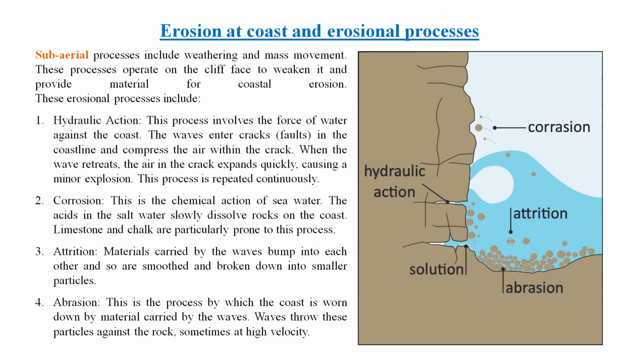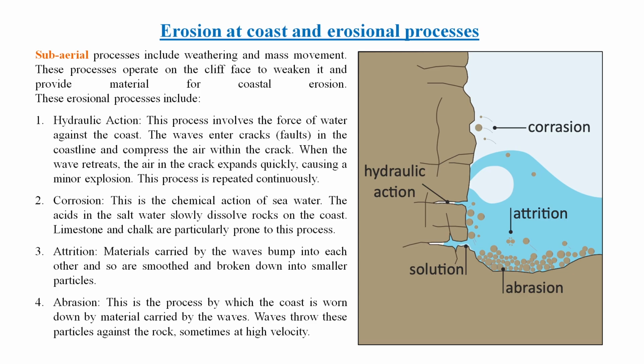Then you can think of erosion at coast or your coastal erosional processes. There are a few kinds of erosional processes that are involved whenever the seawater is in contact with the land mass along the shoreline. Then your subaerial processes. Why subaerial?